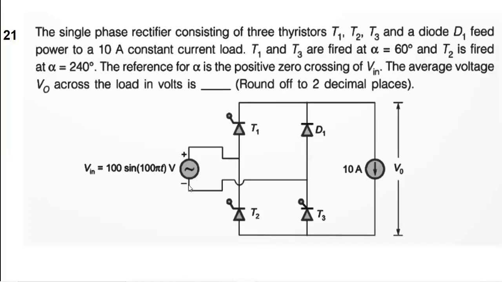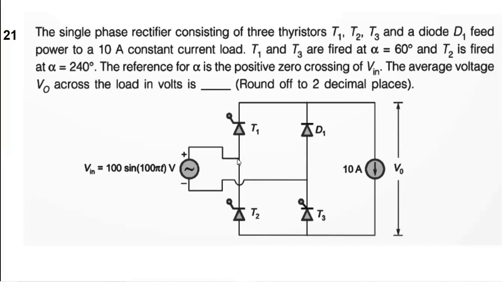Now for plotting the output voltage waveform, it is given that T1 and T3 are fired at alpha equal to 60 degrees. This means that during the positive cycle, T1 and T3 are forward biased, and since they are fired at alpha equal to 60 degrees, they can start to conduct at 60 degrees.